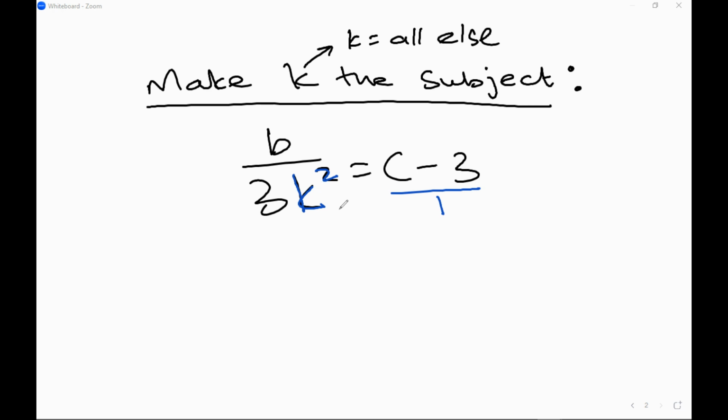So the first thing I'm going to do is, you can see on this side, I've got a fraction. And on this side, I create a fraction. How do I create a fraction? I take c minus 3 and I put it over 1. Now, I need to flip both sides over, like this.